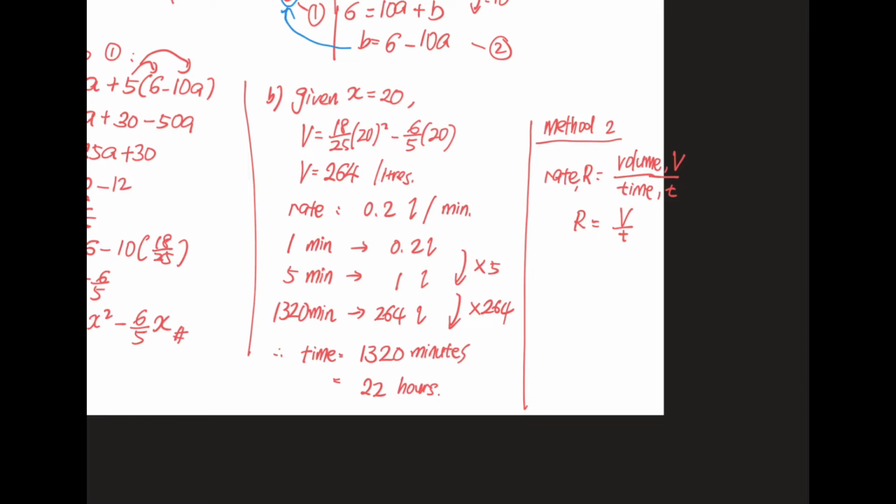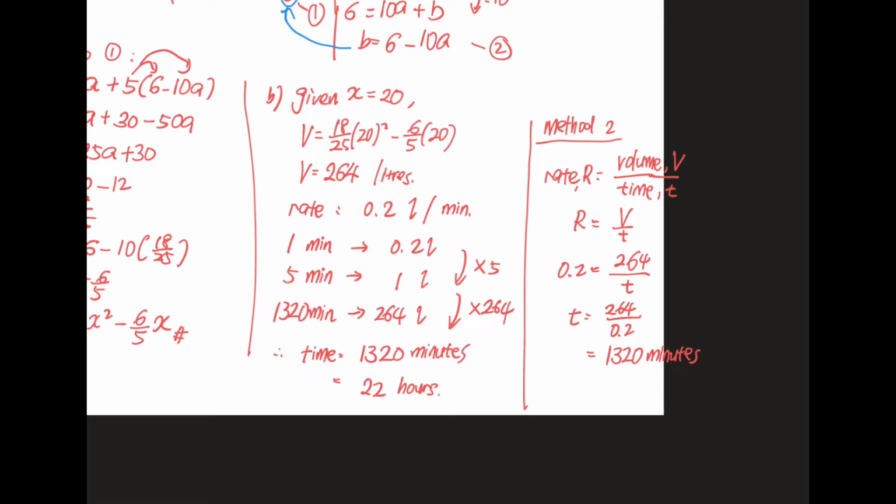Now we have the rate, which is 0.2 liter per minute. So R is 0.2. We have volume is 264. We need to look for the time, so time is 264 divided by 0.2. 264 divided by 0.2, we get 1320 minutes.